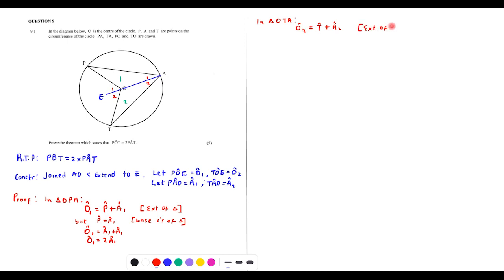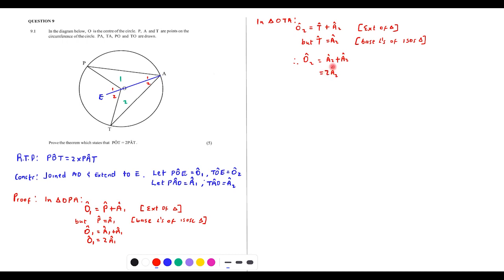But T is the same as A2, because they are base angles of an isosceles triangle. Therefore O2 is equal to A2 plus A2, which is 2A2.